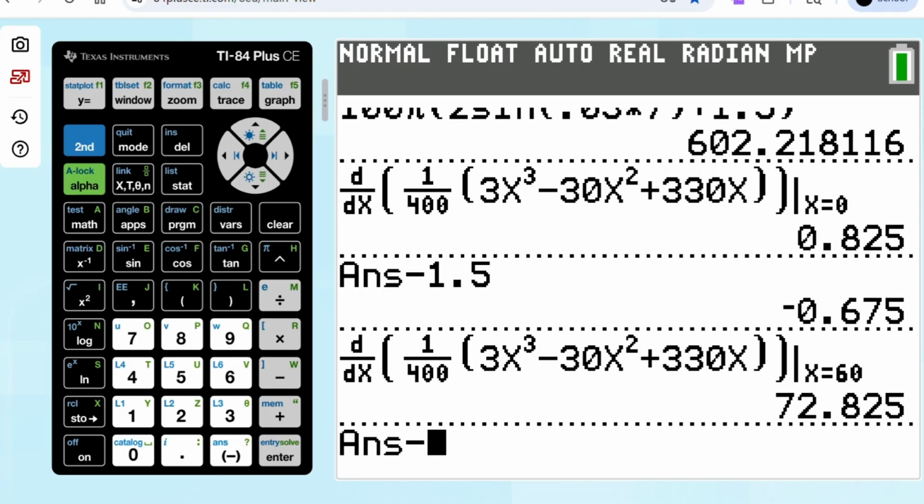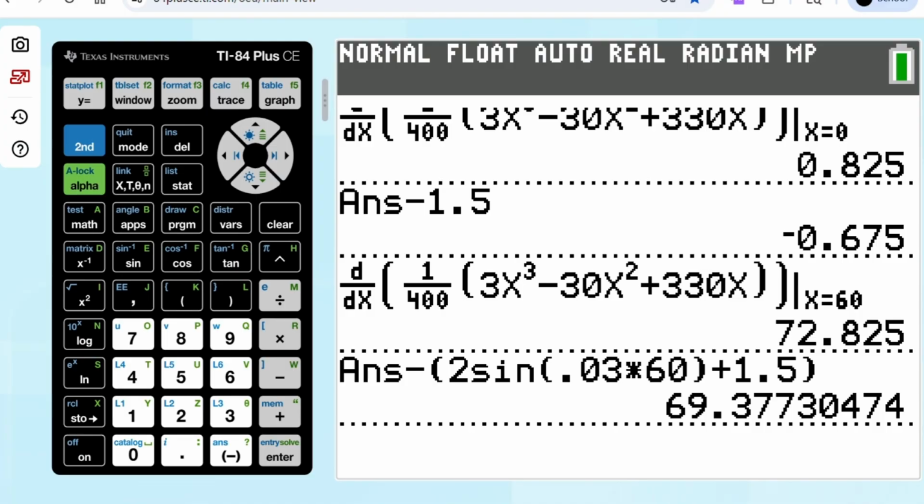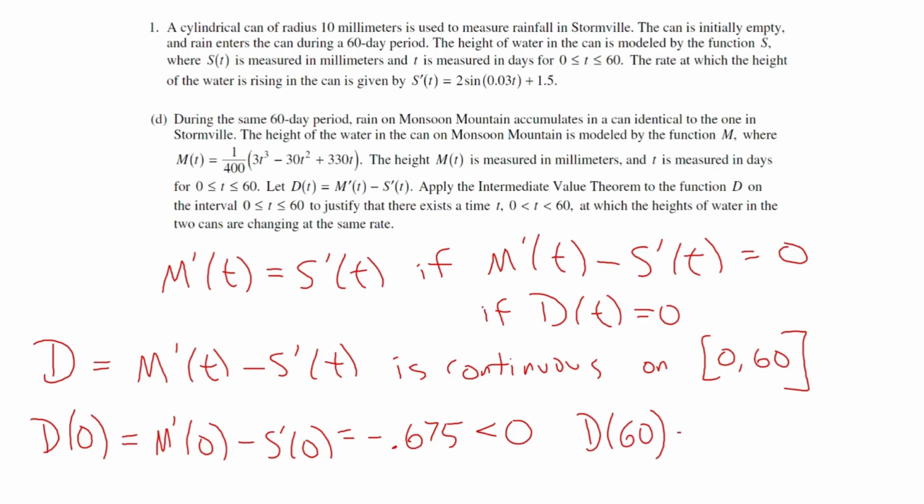And then we want to subtract from that s prime at 60, which again was 2 times the sine of 0.03 times t, so times 60, and then plus 1.5, which ends up giving us 69.377. And we'll note that that's positive.